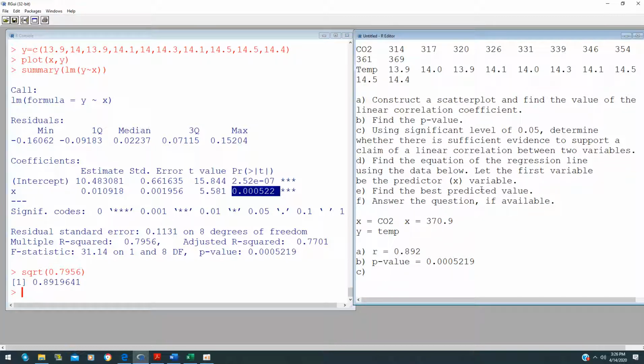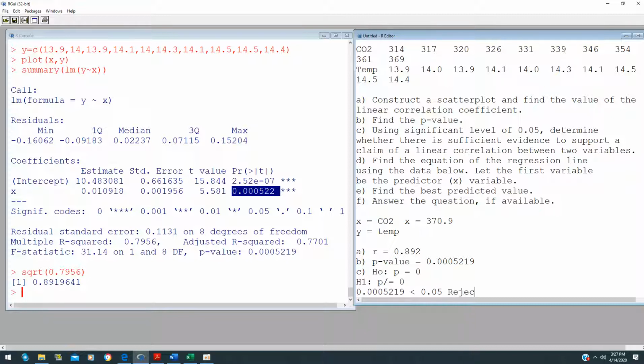Question C is asking us to figure out whether there is a linear correlation or not, using alpha of 0.05. So again, to write this, rho equals 0. This is rho, not p. That's your null hypothesis. Your alternative hypothesis is rho is not equal to 0. We always use equal and not equal for this case. Your p-value is found in part B, which is 0.005219, which is less than your alpha of 0.05.